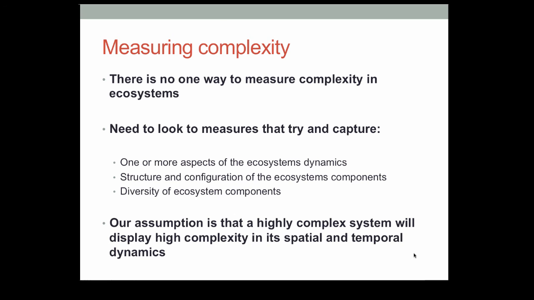But then how those components are distributed in both space and time are really going to be important as a way for you to develop a picture of what complexity should look like in these ecosystems that you're trying to restore. Right? And our assumption is that a highly complex system will display high complexity in its spatial and temporal dynamics. Right?